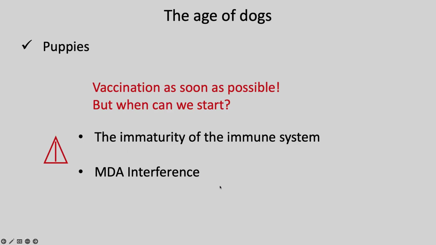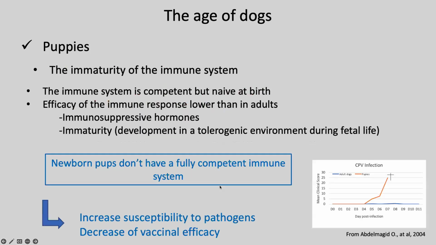So I will just say a few words about the maturity of the immune system. Of course, the immune system of dogs is competent at birth, but it's totally naive, so it has never been stimulated before.